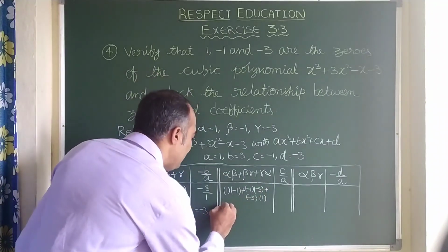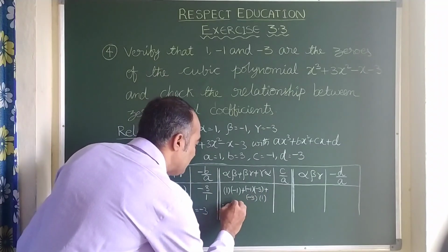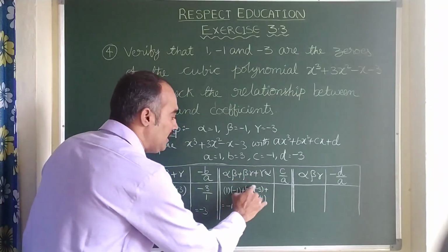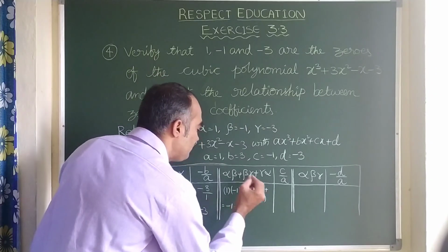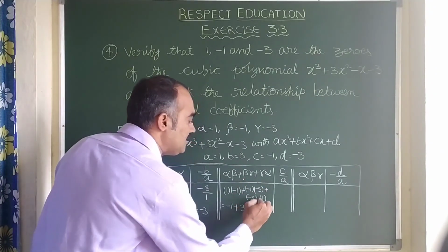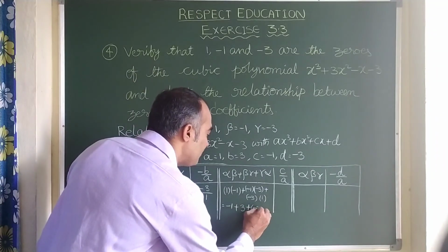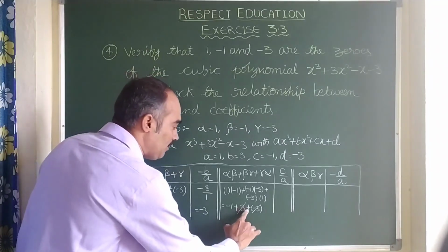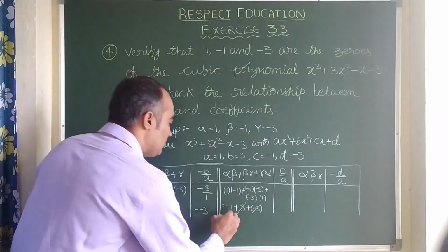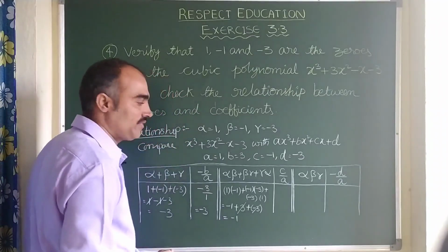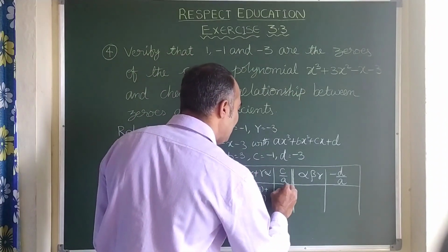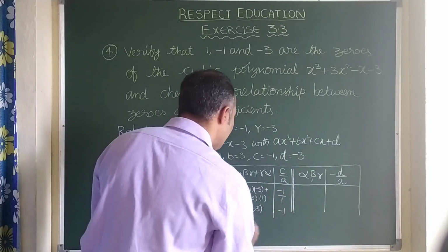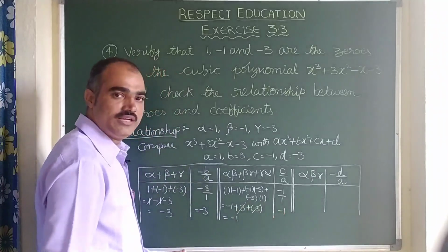So let us multiply. 1 into minus 1 is minus 1, plus minus 1 into minus 3, minus into minus is plus, so 3, here plus minus 3 into 1 is minus 3. So let us cancel plus 3 and minus 3. So finally here we get minus 1. C by a, c is minus 1, a is 1, minus 1 by 1 is minus 1. Here you observe these two values also are equal.